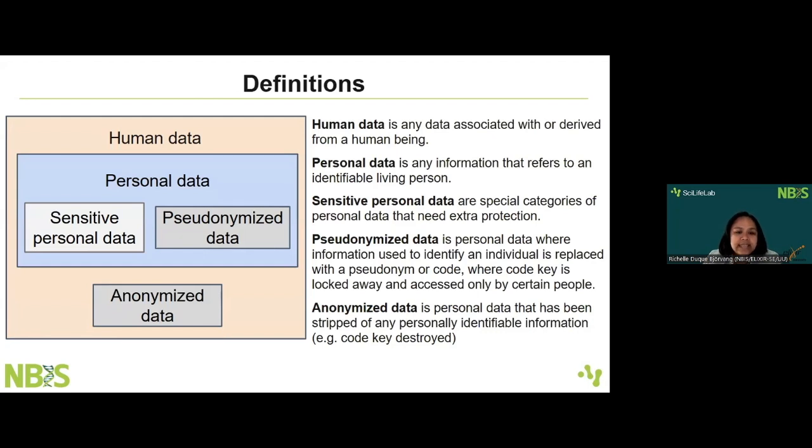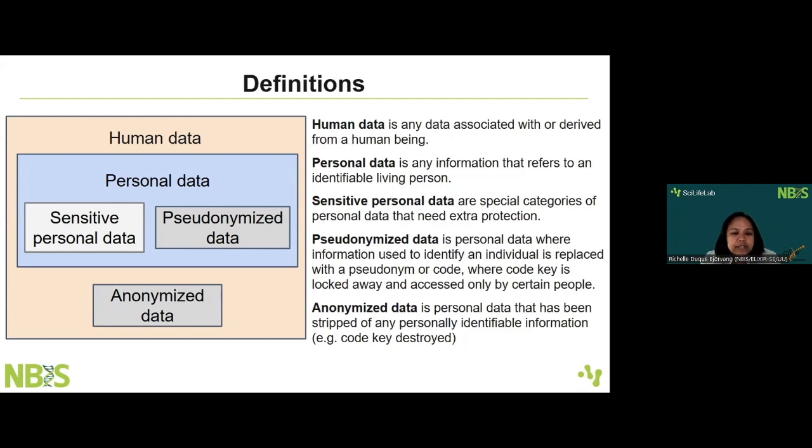When the personal data has information that is used to identify an individual replaced with a pseudonym or code, then that is pseudonymized data. In pseudonymized data, the code key is locked away and accessed only by certain people. But when this code key is destroyed, it is then called anonymized data because it is personal data that has been stripped of any personally identifiable information.